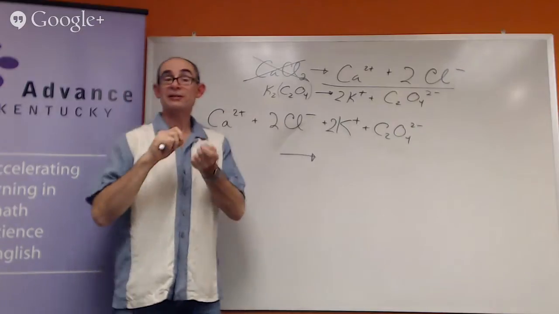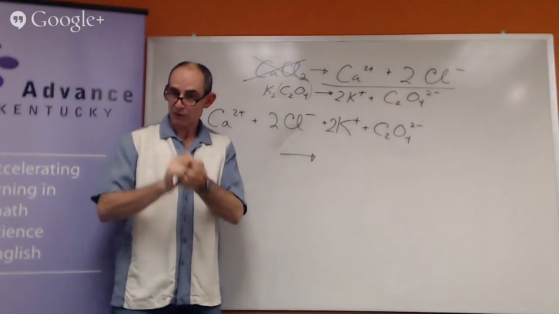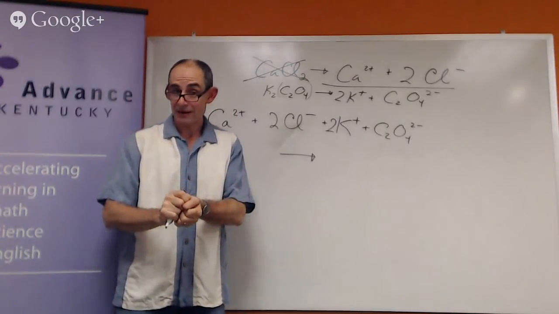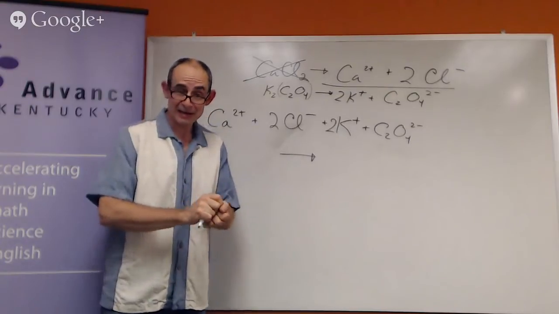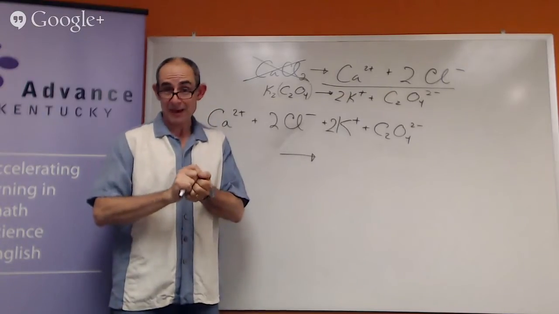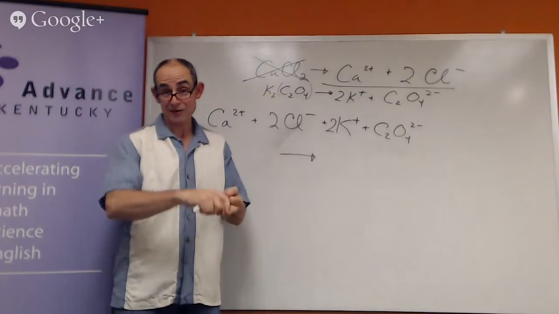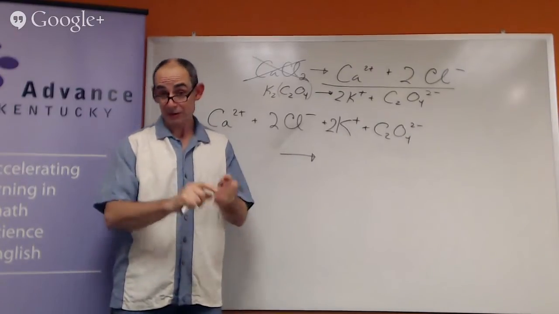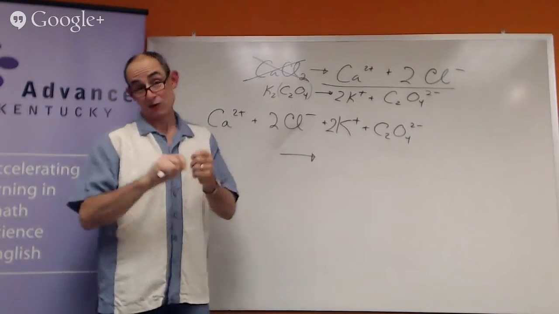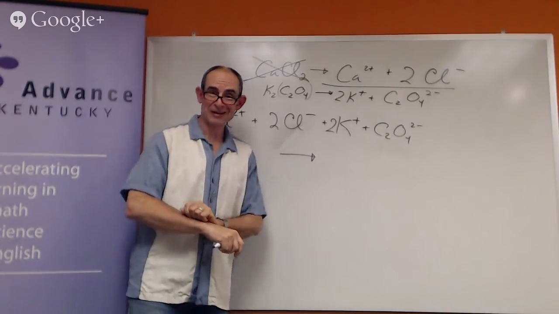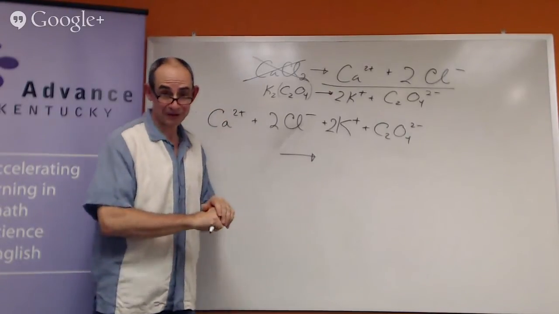You don't need to memorize all the solubility rules, but one of the ones that you should understand is that any compound containing a group 1 cation, that's lithium, sodium, potassium, rubidium, or cesium, is going to be soluble in water. And all nitrates are soluble is your second one that you need to know, but that's not particularly relevant here.